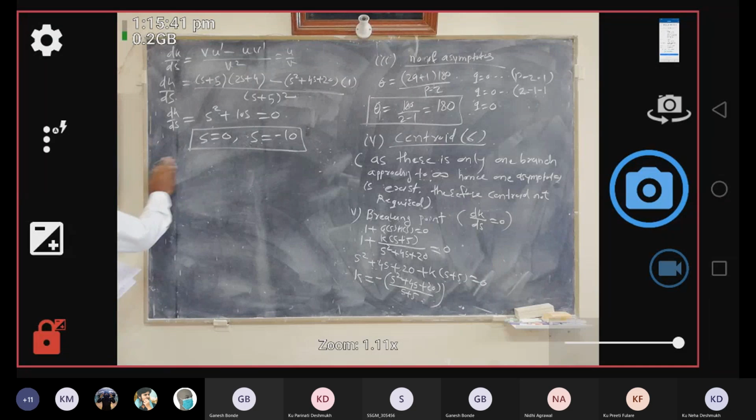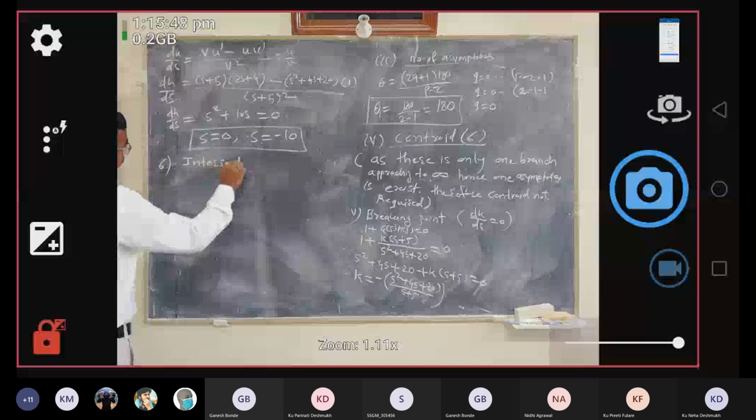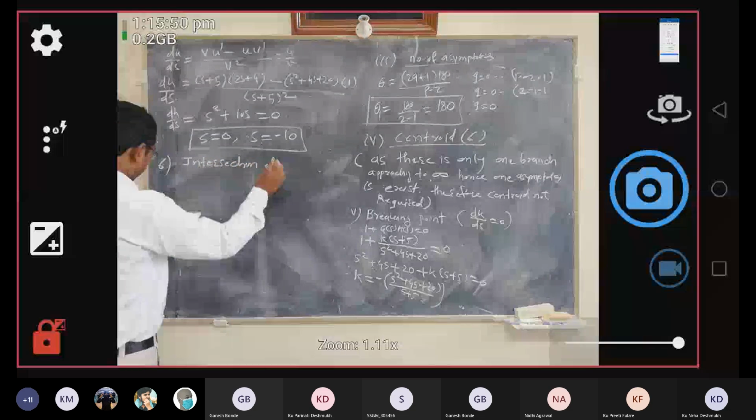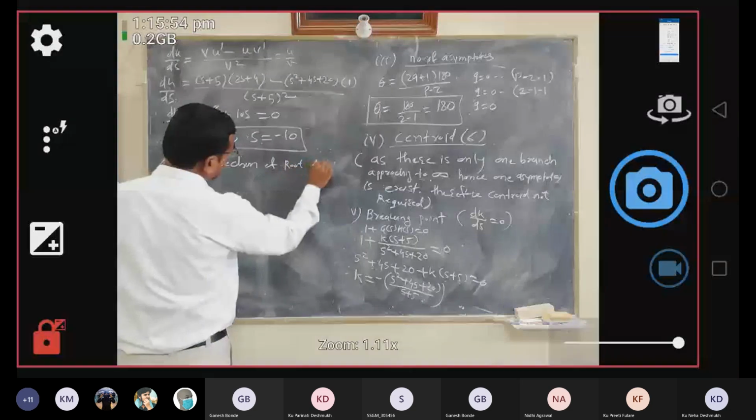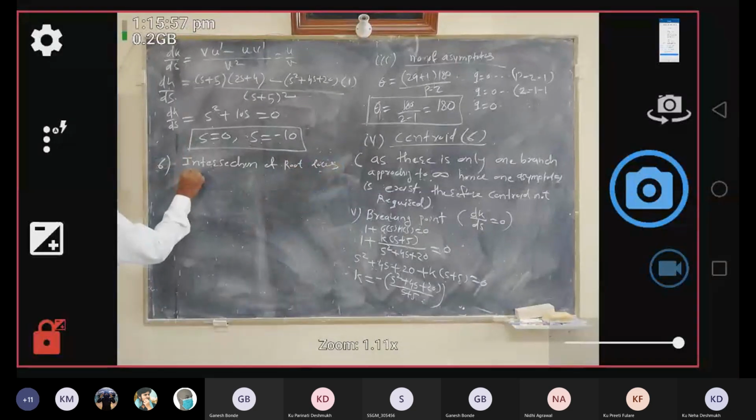intersection of root locus with imaginary axis.